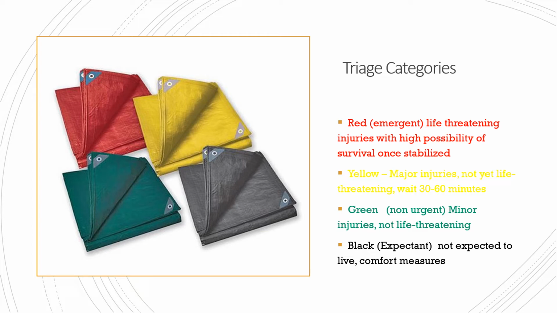The yellows are still major injuries, but they're not life-threatening, and they can wait 30 to 60 minutes. And then the green are the non-urgent or the minor injuries that are not life-threatening. So they're usually your walking wounded. And then the black, it's under expectant. It means basically they're expected not to live, and just comfort measures.